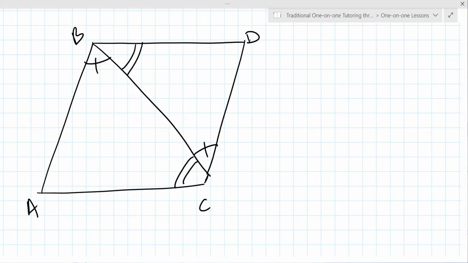Okay, so there's the ABC, and then the equivalent of that would be DCB. Yeah, that's right. But what is the missing thing that's not shown here that needs to be shown?